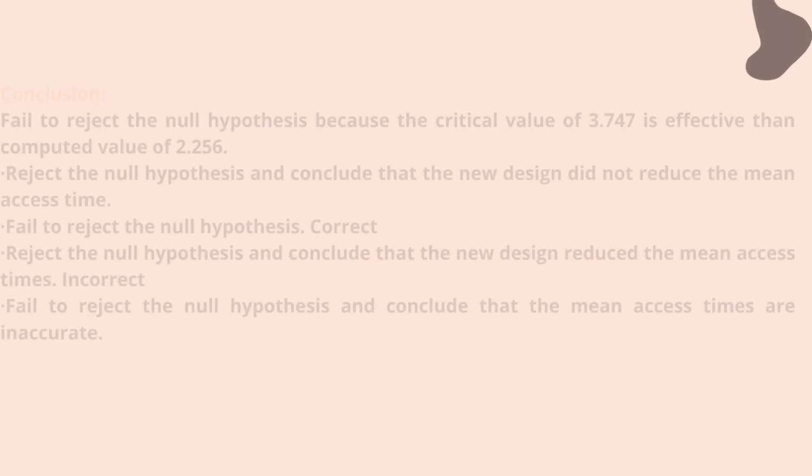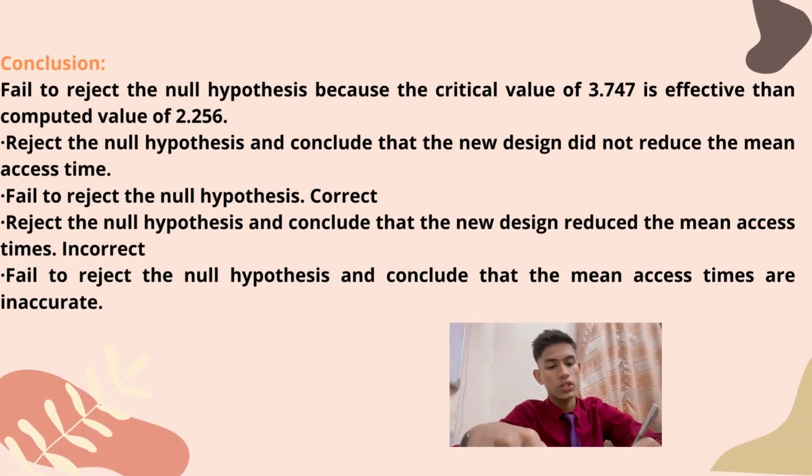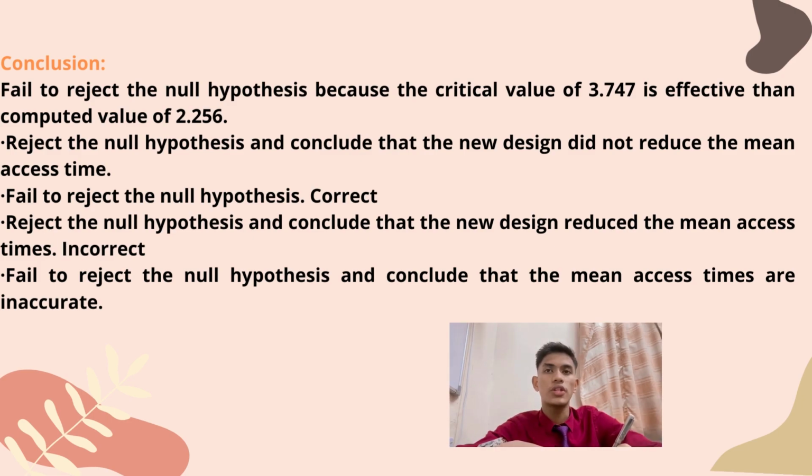Conclusion: fail to reject the null hypothesis because the critical value of 3.747 is more extreme than the computed value of 2.256. Reject the null hypothesis and conclude that the new design did not reduce the mean access time.